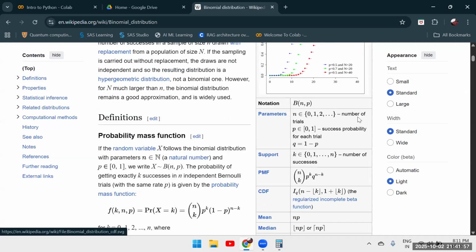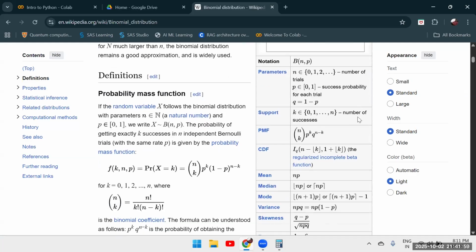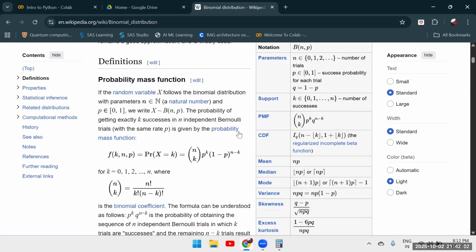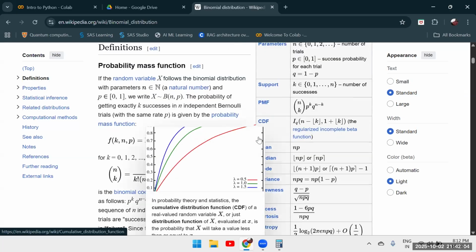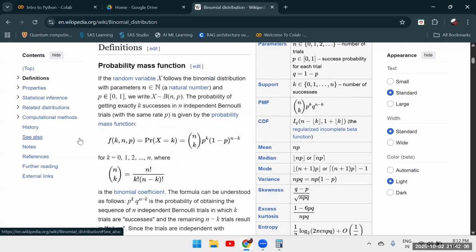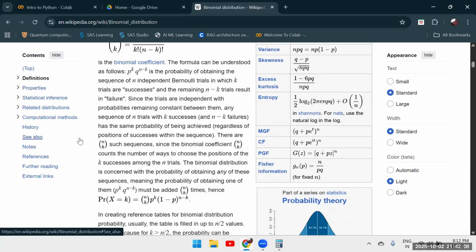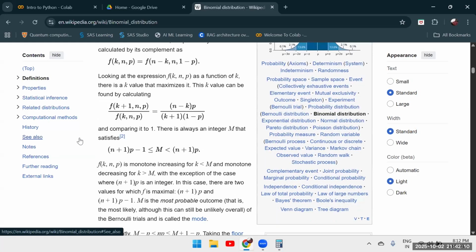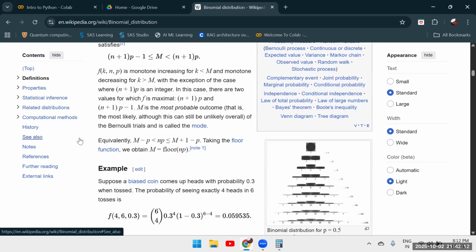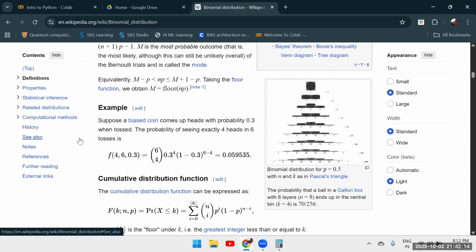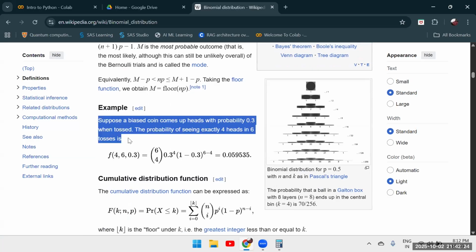So basically this is the formula for this. First, we are supposed to find the probability mass function, but don't worry about these formulas. It's quite a complex formula, right? Here they are trying to compute, for a biased coin, the probability that we are going to get exactly 4 heads in 6 tosses.